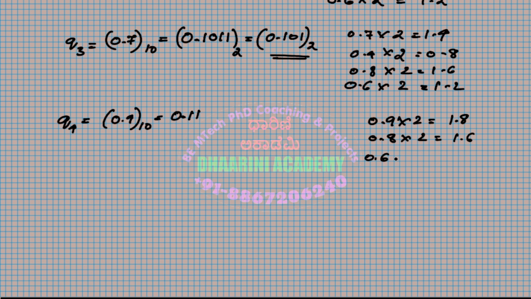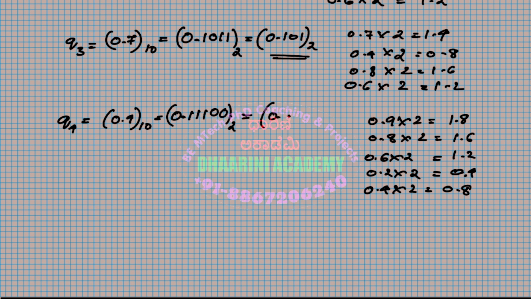Then 0.6 into 2 is 1.2, the next number is also 1. Then 0.2 into 2 is 0.4, so that will be a 0. Then 0.4 into 2 is 0.8, next number is also 0. Like this, it extends to the base 2. Since the length required is only 4, let me write it this way: 0.1110 to the base 2.